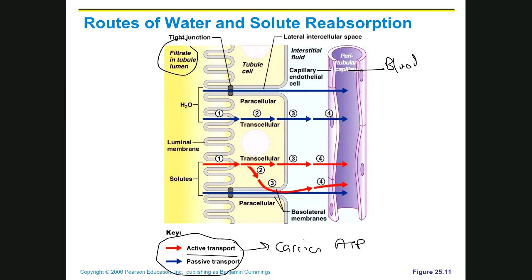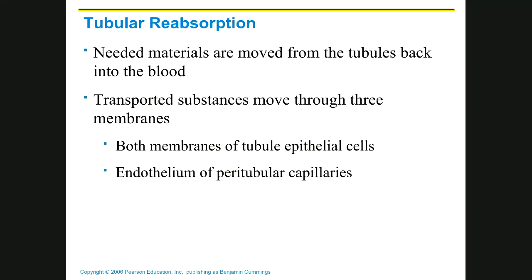Passive means it just happens basically by diffusion or by osmosis. And you do not need a carrier and you don't need energy. So it's going to happen two different ways. Again, it has to go through the tubule into the capillary.